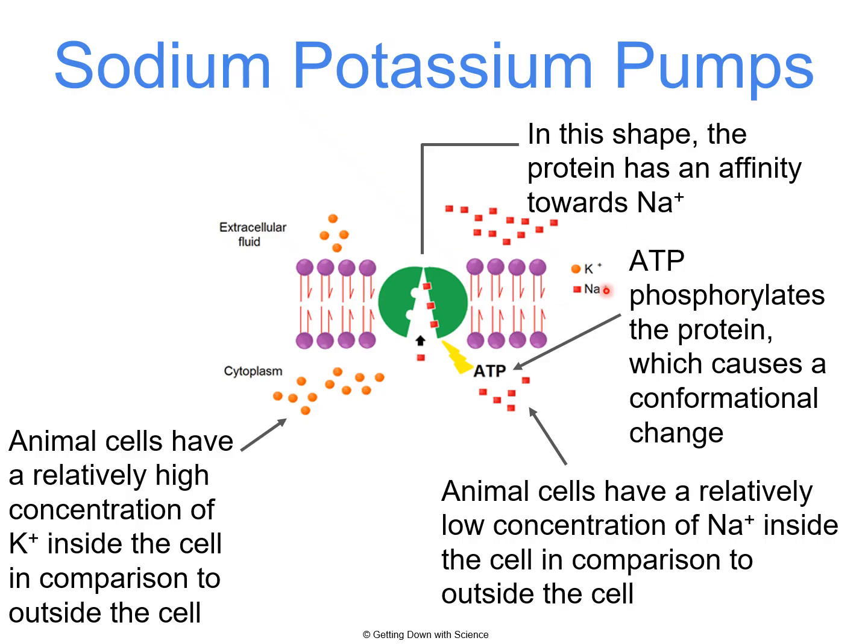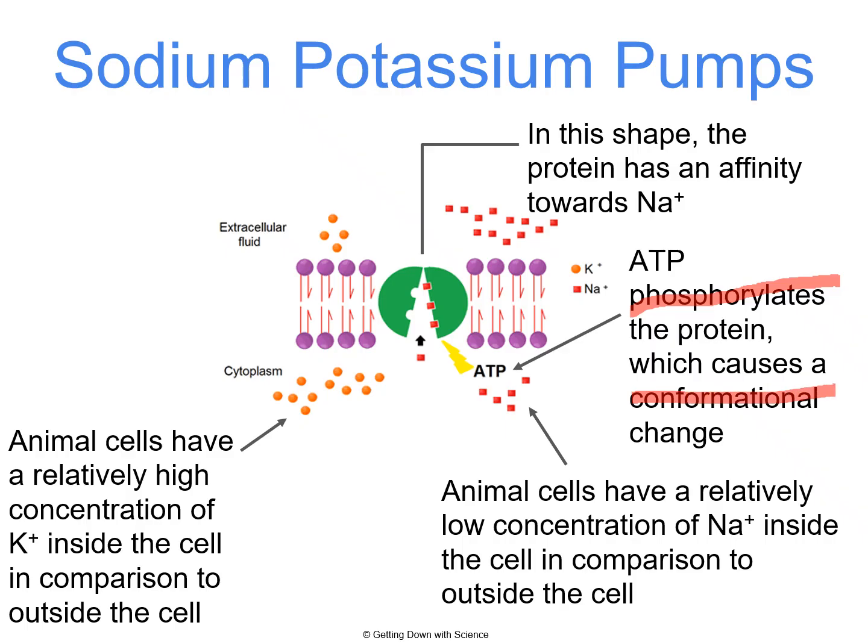ATP, which is our adenosine triphosphate, will phosphorylate the protein. And what this big fancy word means is that it's going to be adding a phosphate to the protein. So here we have the ATP molecules and this is our protein. ATP will be adding that one phosphate group, and once that one phosphate group is added to the existing protein, it will cause what is called conformational changes in the protein.